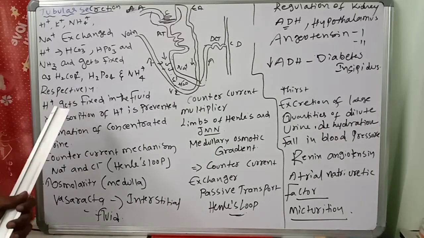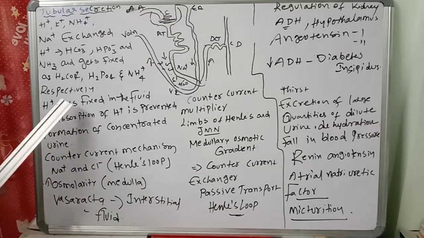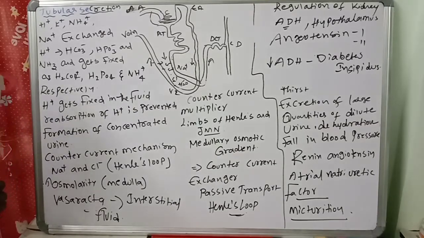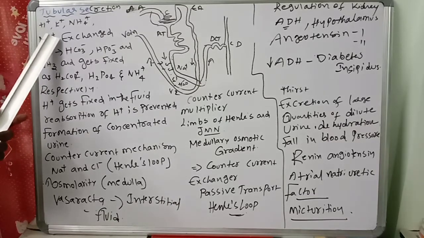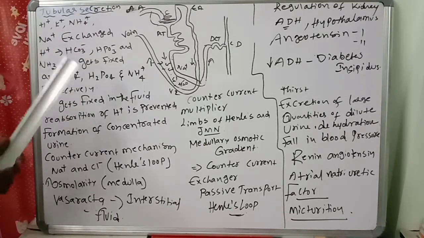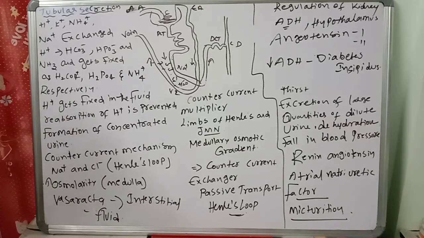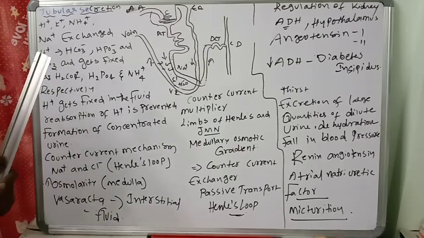for every H plus secreted in the tubular filtrate, sodium is absorbed by the tubular cell. Once again, tubular secretions such as hydrogen, potassium, ammonia, creatinine, organic acids move into the filtrate. Secretion means releasing into the filtrate from the peritubular capillary into the tubular fluid.